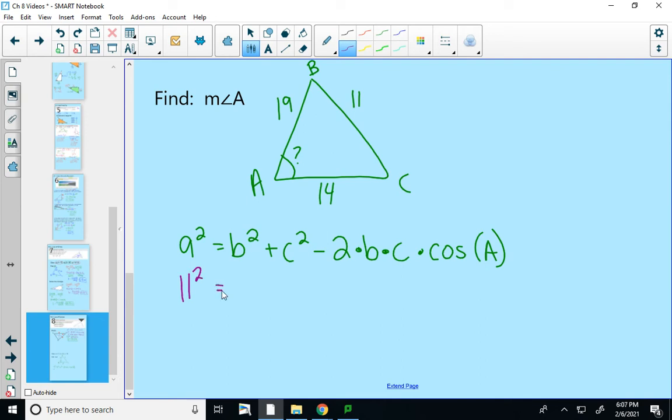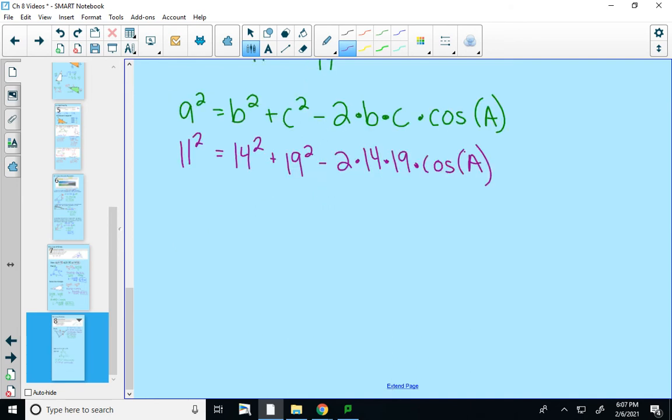Side b is 14. Side c is 19. So we want to solve this for A. Let's do a little simplifying first.